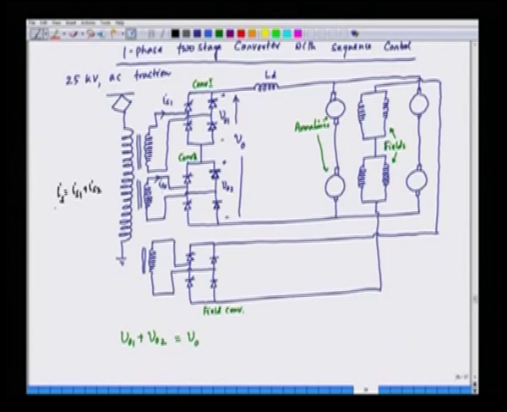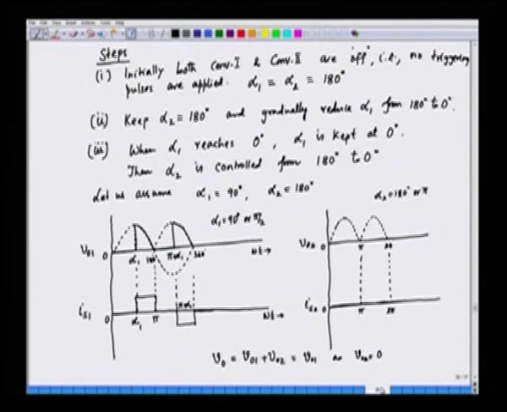So, the total current due to this armature converter is IS1 plus IS2, that is equal to IS1 as IS2 is equal to 0.